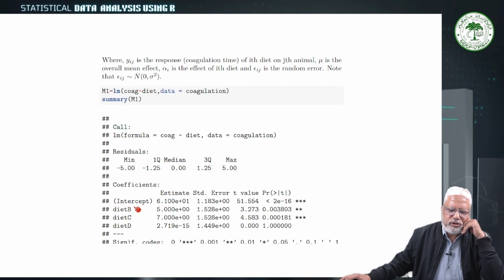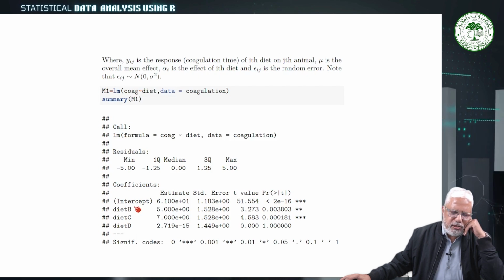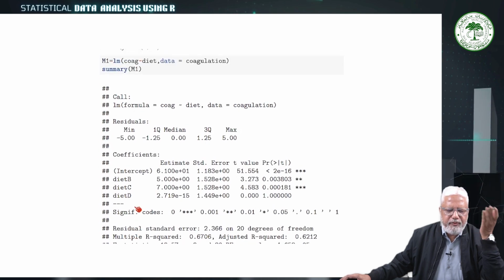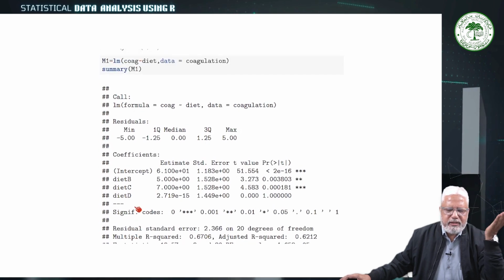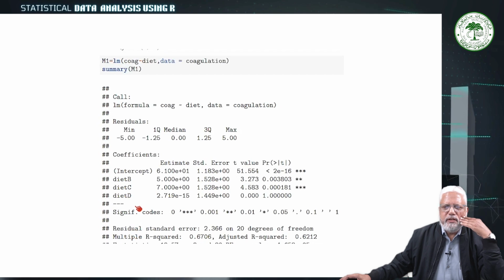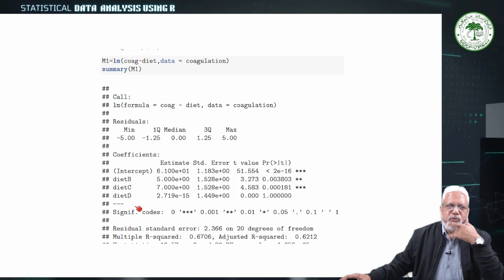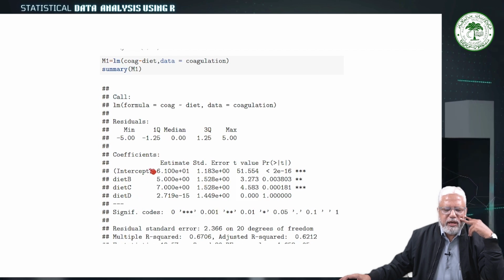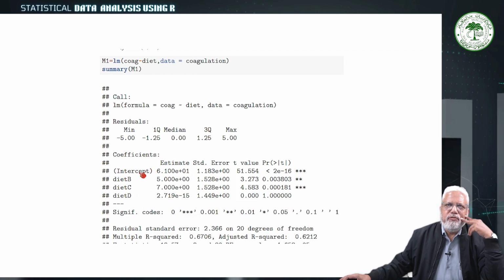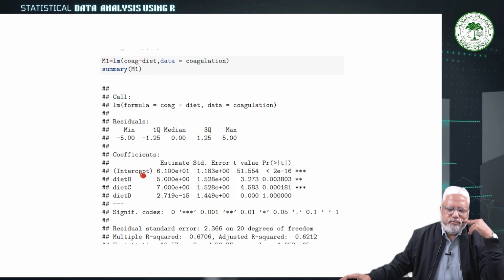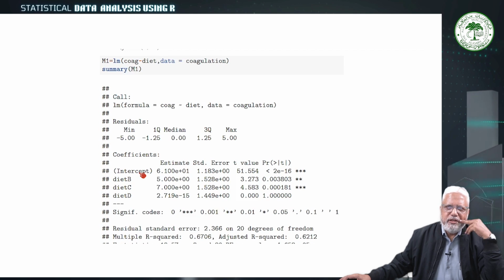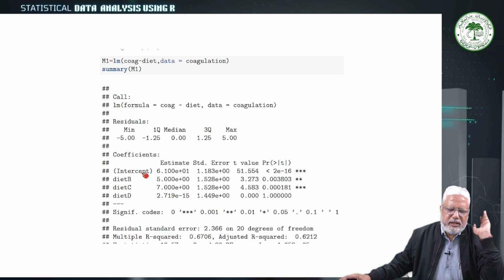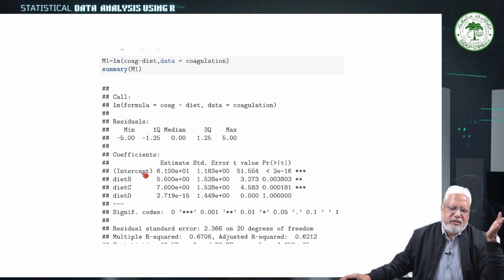Actually, this is known as treatment contrast. In the treatment contrast, we have a reference. Like if you say to someone, oh, you are very smart, the question is, smart compared to whom? Suppose someone says that you are smarter than Amir Khan, then certainly Amir Khan has become the reference.